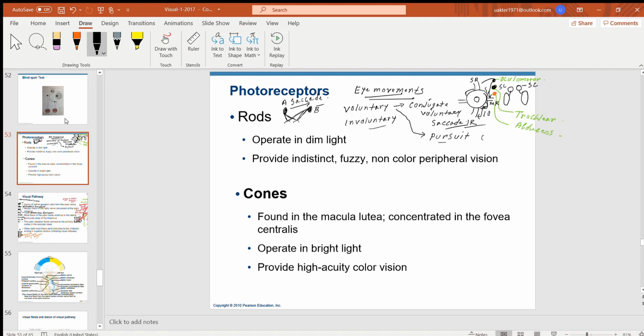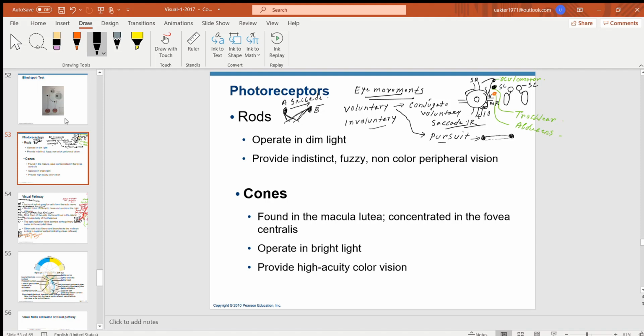If I ask you to fix your eyes here, and then I ask you to follow the movement of this object, so slowly I am moving this object and you are tracking it, following it, slowly moving, that is called pursuit type eye movement. Both your eyes are moving here too, right? So conjugate, okay.